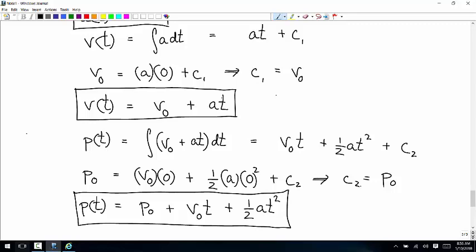So once we calculated velocity as a function of time, then we know position is the integral with respect to time of velocity. So we took what we found for velocity, integrated it again, used that second constant of integration, and came up with a function for position.